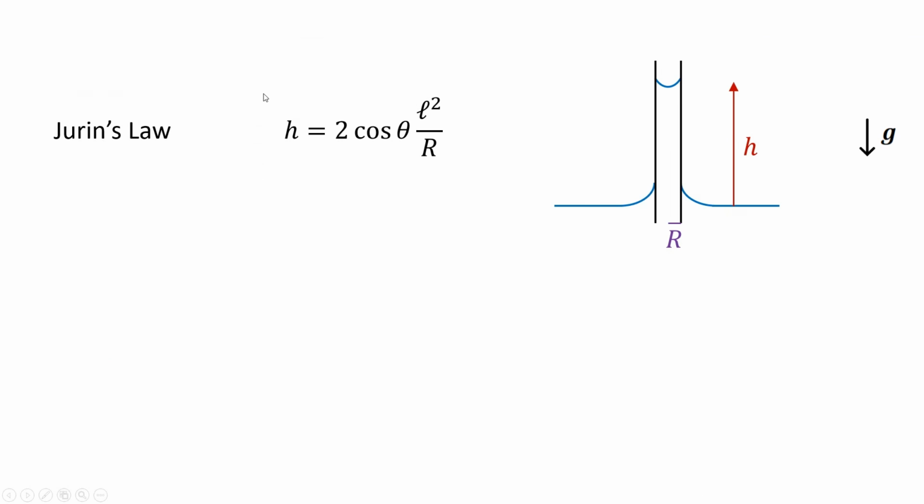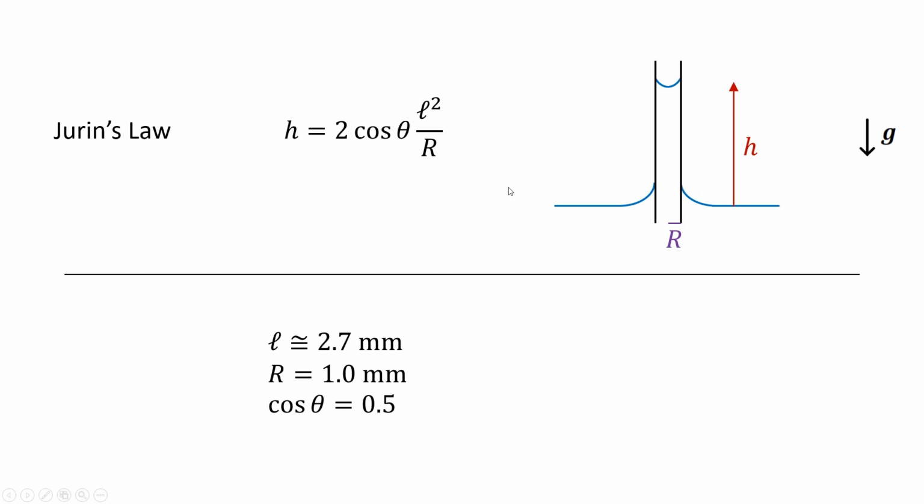I recall that Jurin's law states that the capillary rise h of a meniscus inside a vertical cylinder is given by this equation, where r is the cylinder's radius, theta is Young's contact angle, and L is the capillary length. So, since these are the values we set in our simulation, we expect a capillary rise of roughly 7 millimeters. Let's then try the simulation.